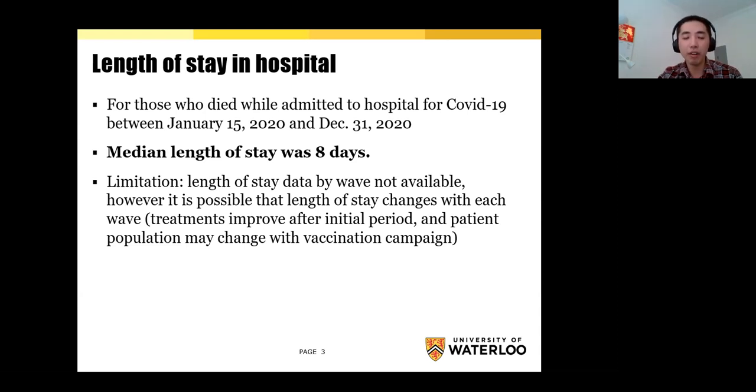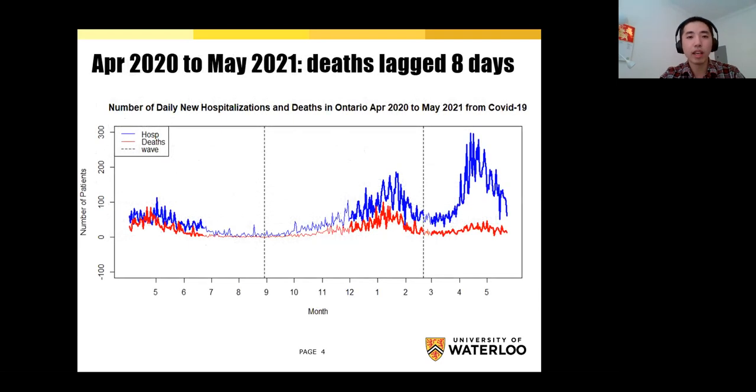A very naive assumption I'm making here is that the median length of this quantity is 8 days. There are definitely limitations associated with that. But for now, let's just take it as a given and look at the data.